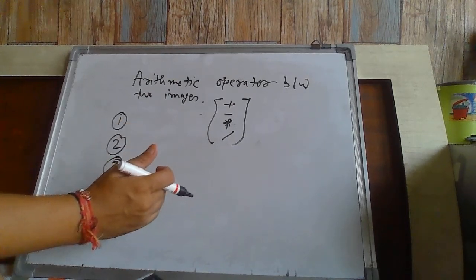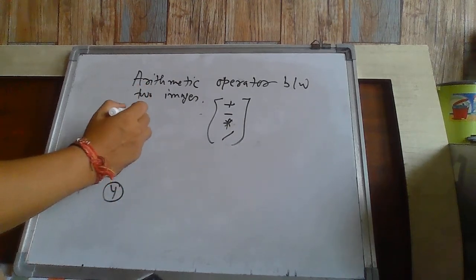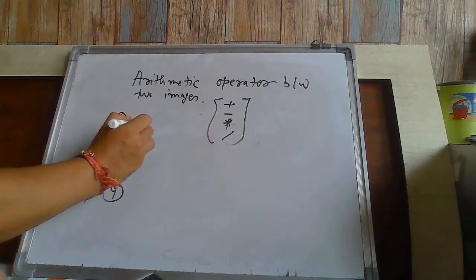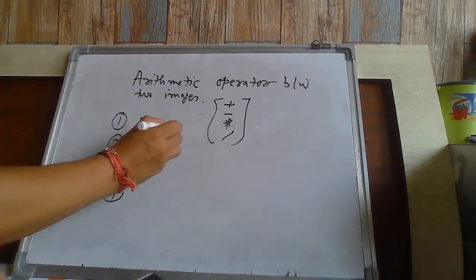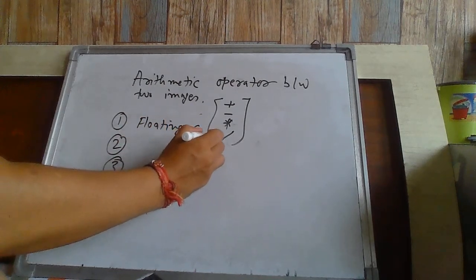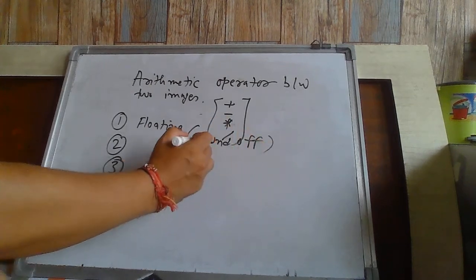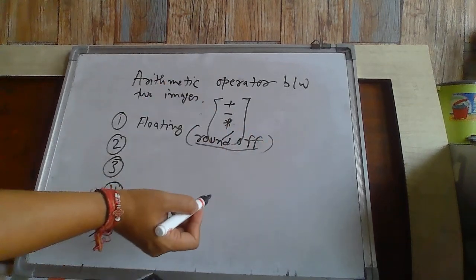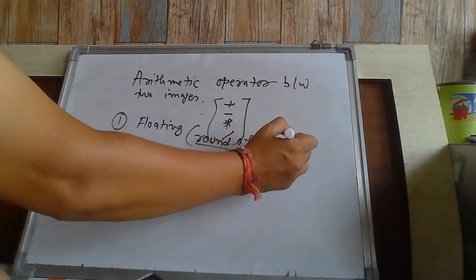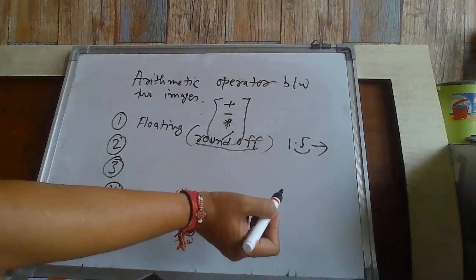First point: if the result is a floating point number, for example by dividing something, then you always round off. You never write a direct floating point or decimal representation. You always round off to the nearest number. If it is 0.5 or beyond, we take its ceiling function.